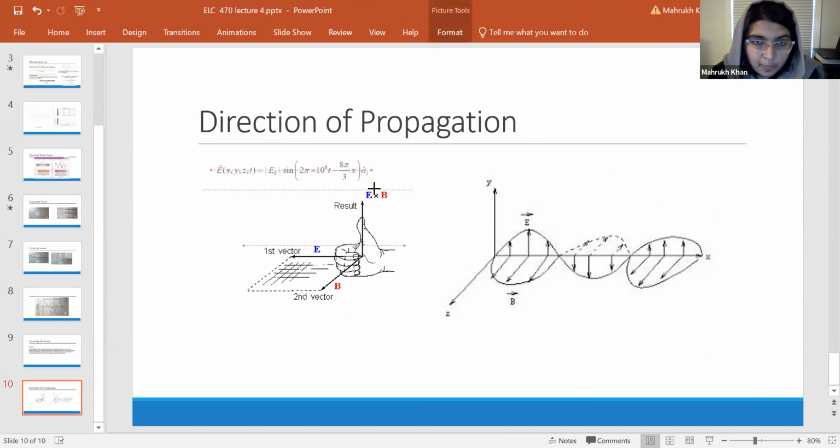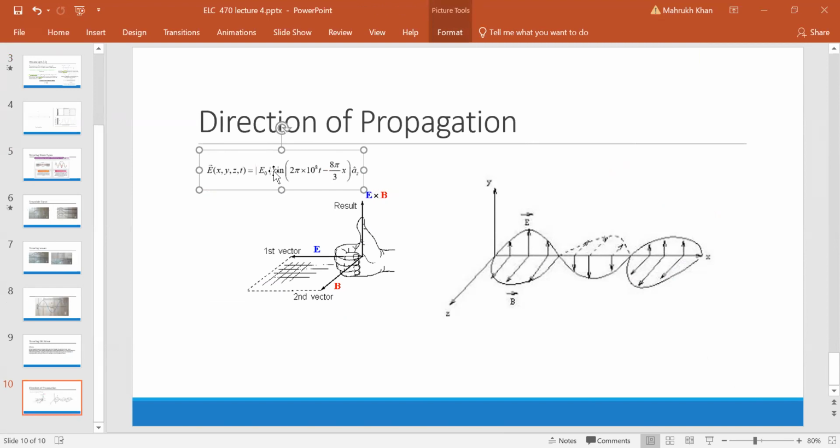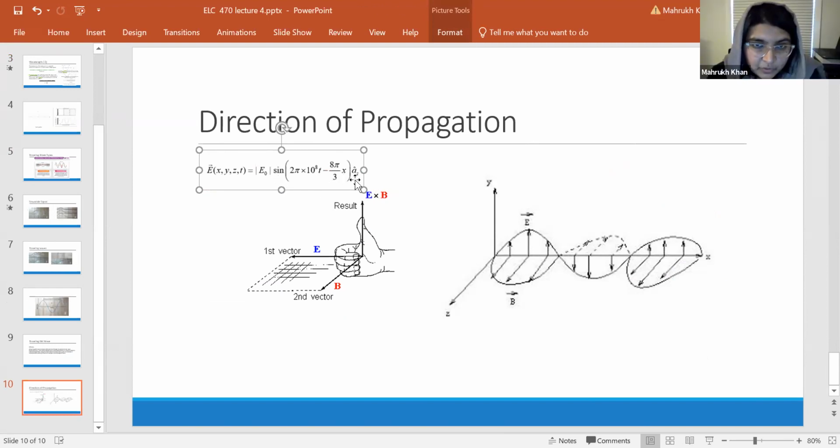Can you see these slides? Yeah, we can. Someone asked why you have X and Z here. X means your direction of propagation is in the X direction, but the unit vector shows that this is in the Z direction, right?